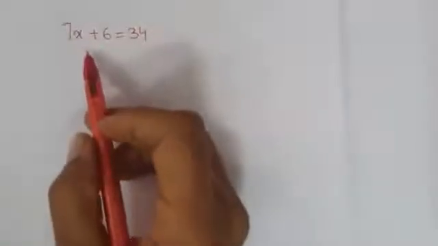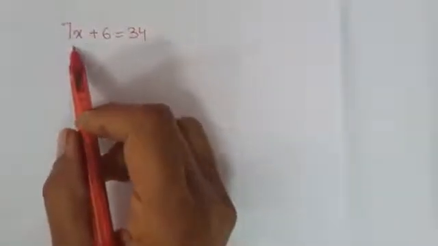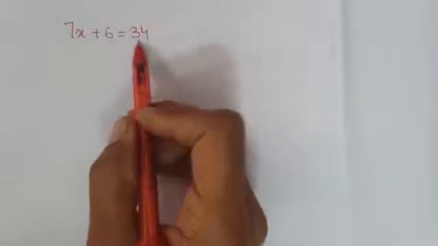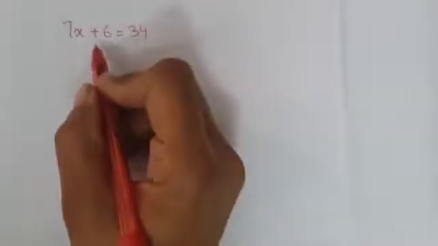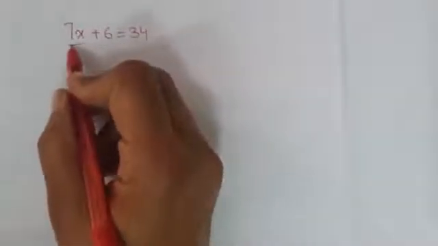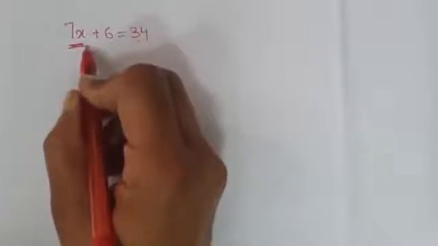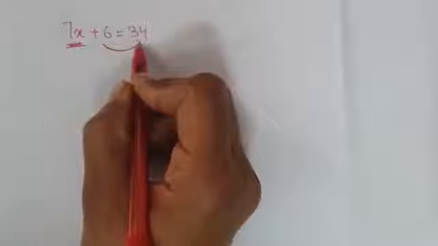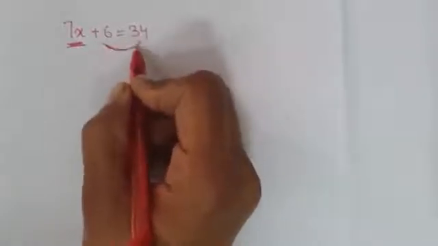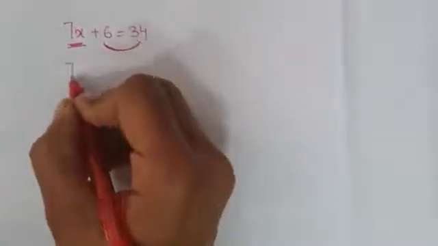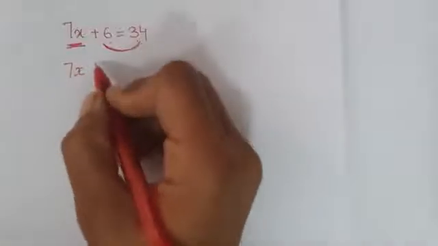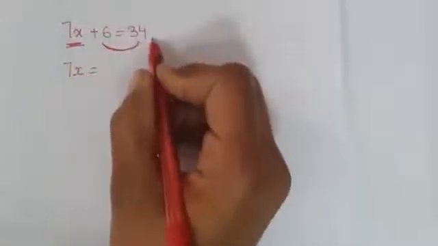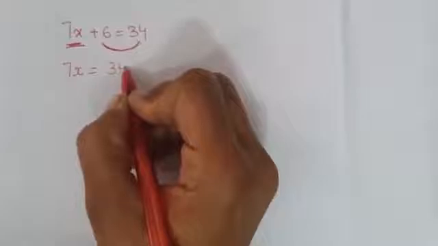Now children, let us discuss the next question, that is 7x plus 6 is equals to 34. Now see, this is the only term containing variable and these two terms are constant terms. So I am going to keep them on one side. 7x remain here. 6 I will shift to that side.